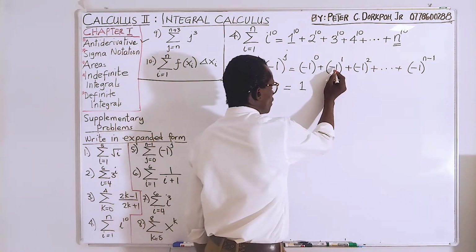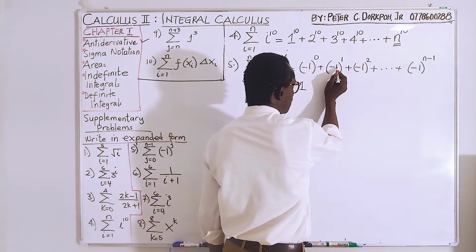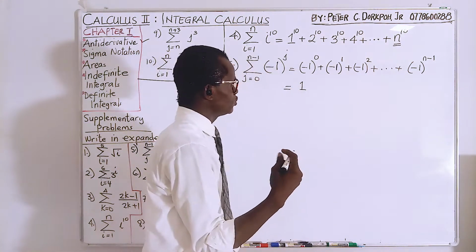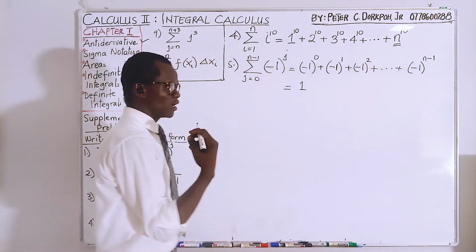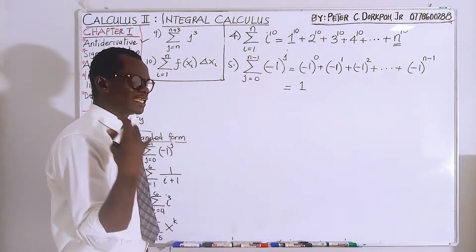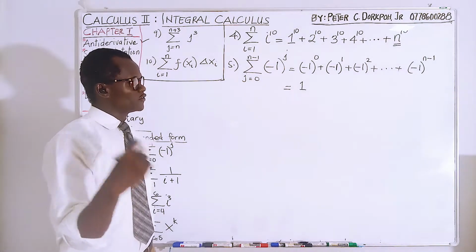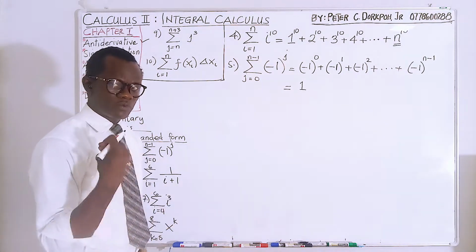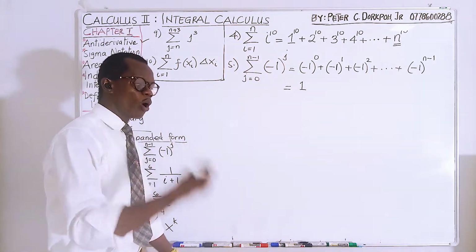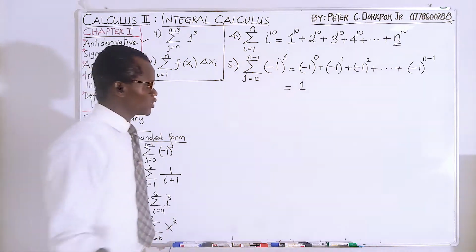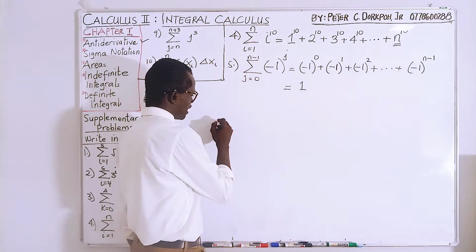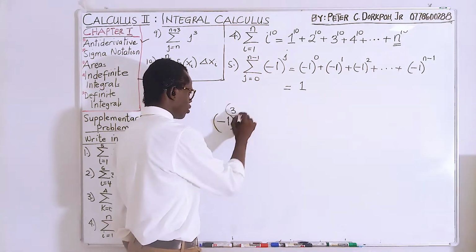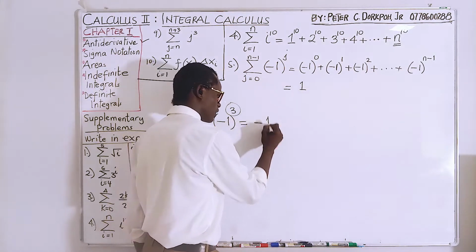Now, when you have, let's say, negative raised to a power that is even, it gives you a positive result. When negative is being raised to a power that is odd, it gives you a negative result. Now, what do I mean by that? If you have negative 1 raised to the 3rd power, this is odd, it will be equal to minus 1.